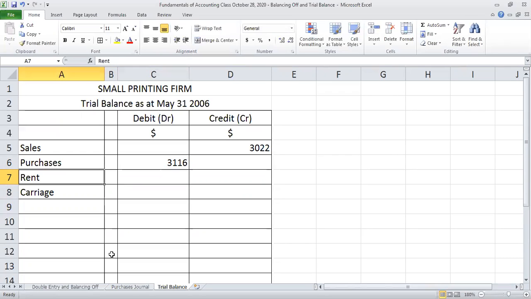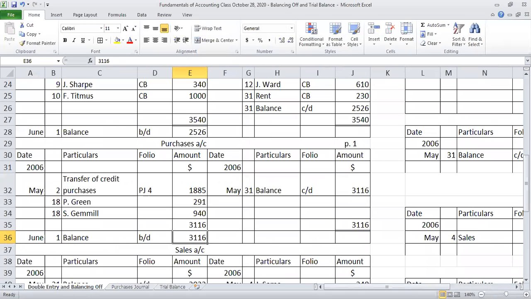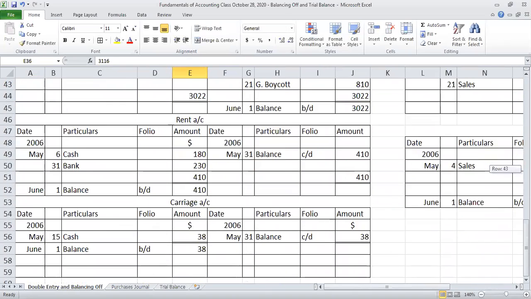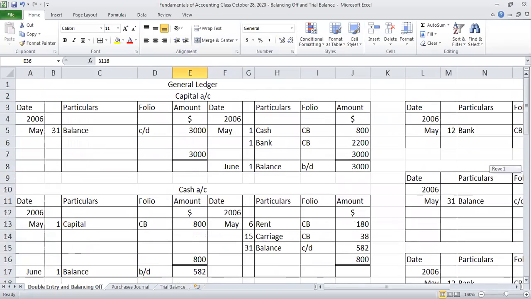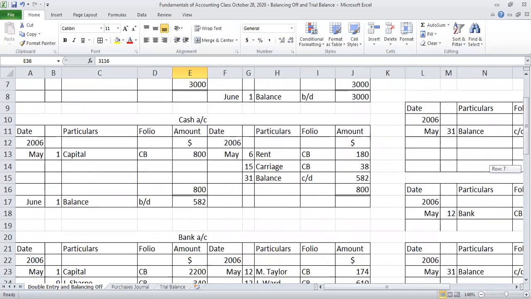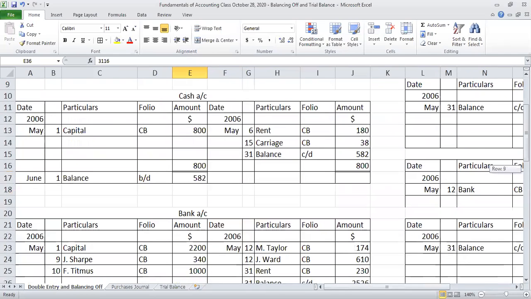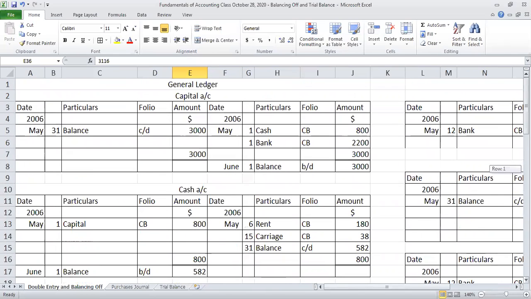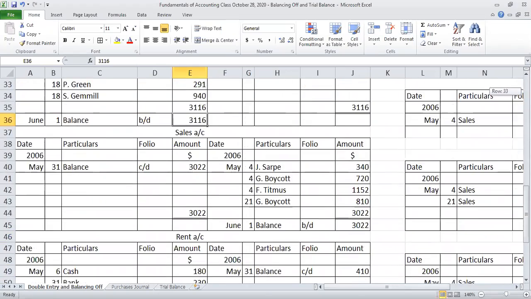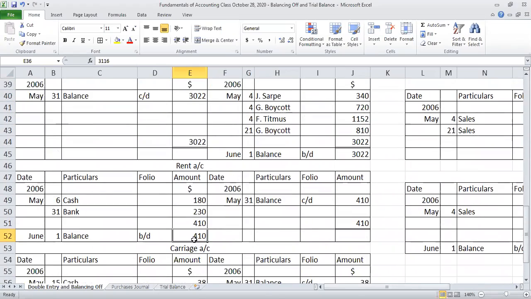So rent now, go back to it. Rent has a debit balance of 410, as you can see right here.